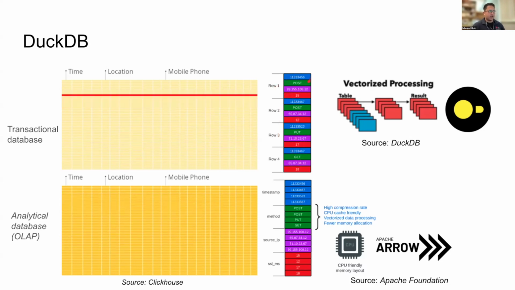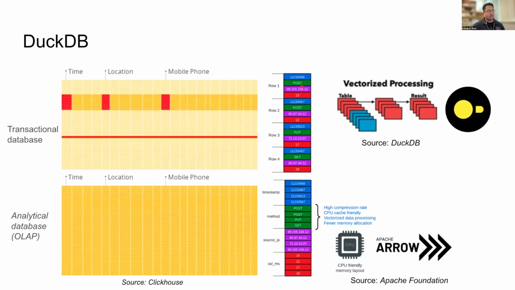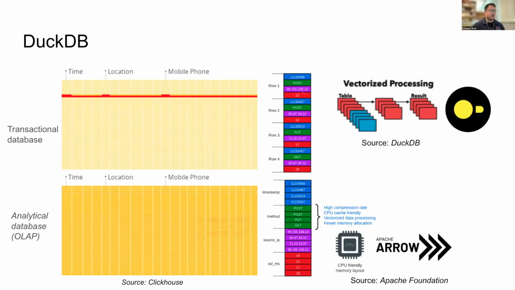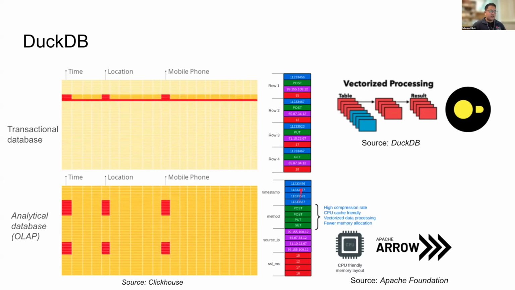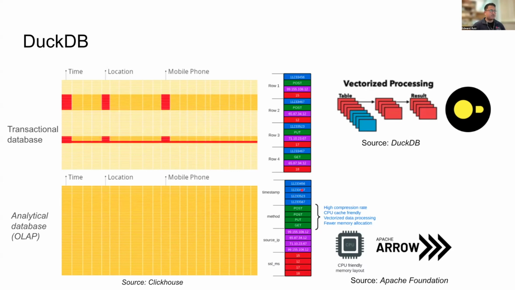In row-based, you have a collection of heterogeneous types of data that often you don't need, and so that leads to unnecessary space and data processing. If you compare that to the columnar format, you are able to compress data that's all in the same type because it's in the same column.